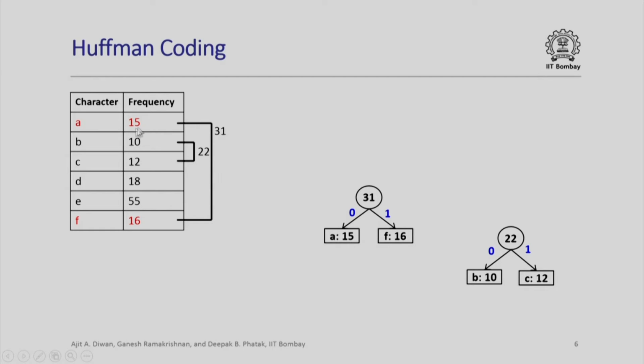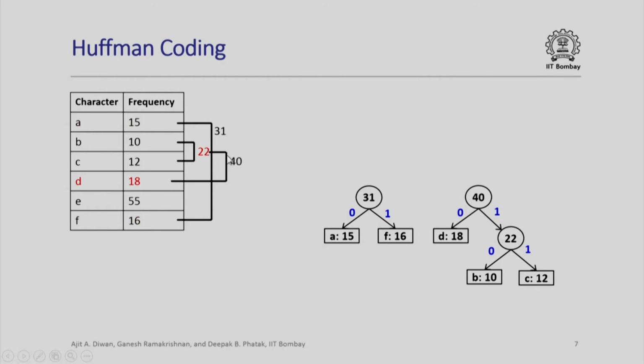Since these are unrelated to B and C, we create a separate subtree in which 31 is inserted as the value of the data. The left child represents A, which occurs 15 times, and the right child represents F, which occurs 16 times. We give them the values 0 for left and 1 for right, exactly as we did here. We combine these two and now we have a combined frequency of 31.